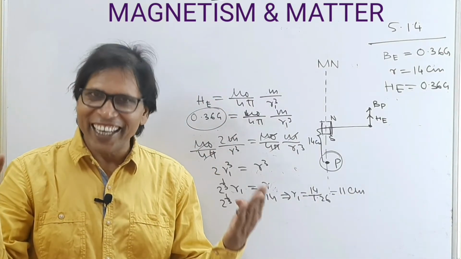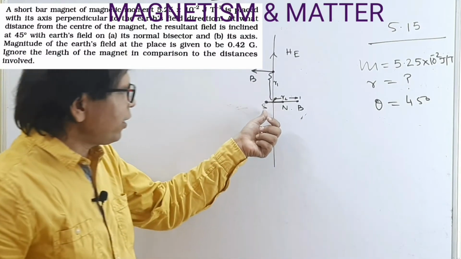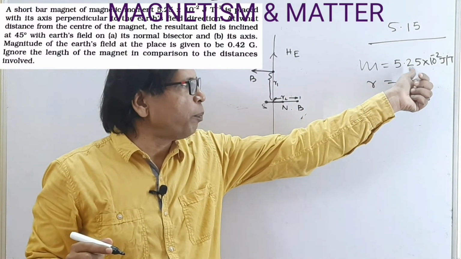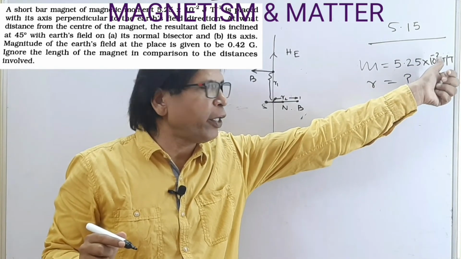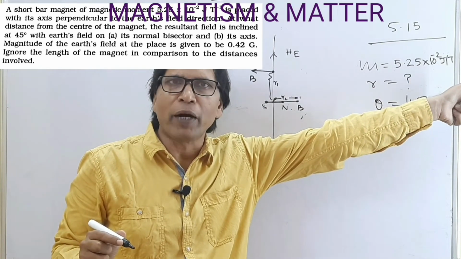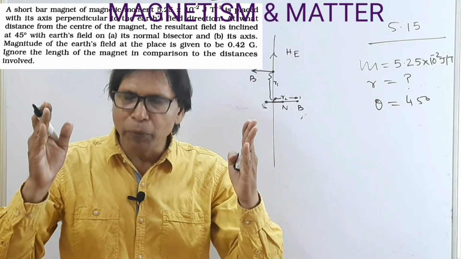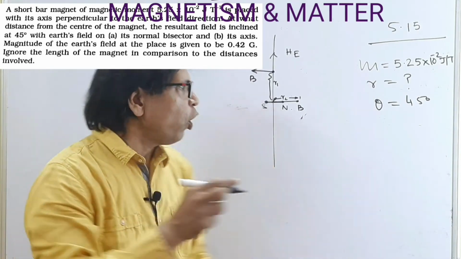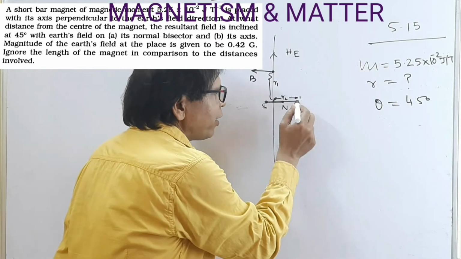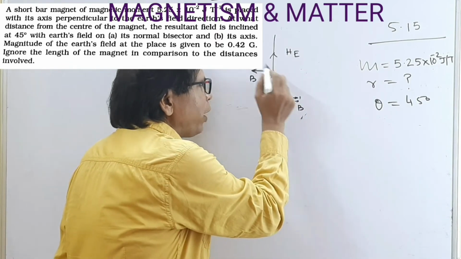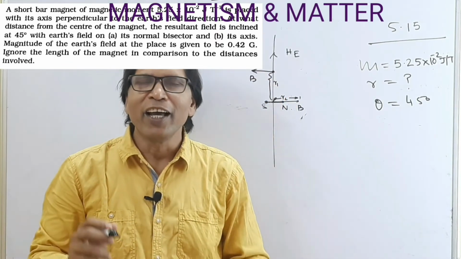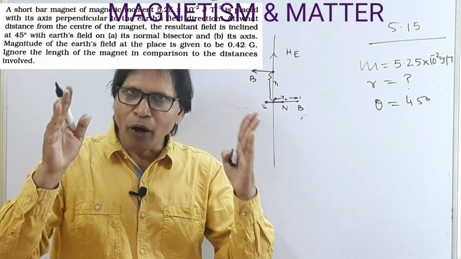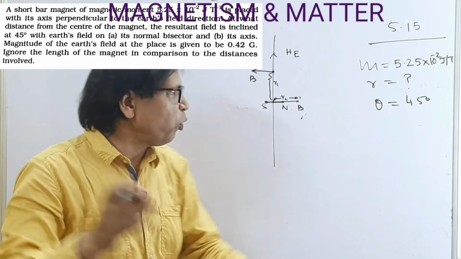Understood? Now next, look at this, a short bar magnet of magnetic moment 5.25 into 10 to the power minus 2 joule per Tesla. Now we have to calculate the distance of points on the axis and on the perpendicular bisector position where the magnetic field makes an angle of 45 degrees.